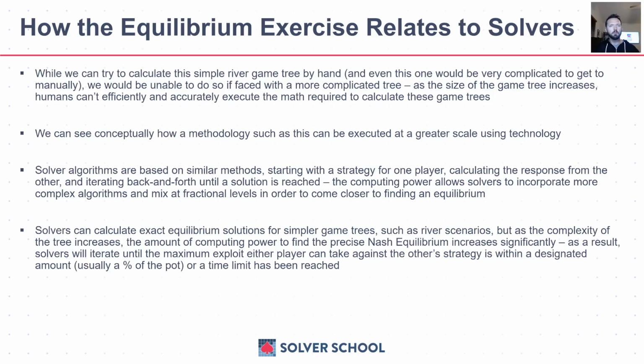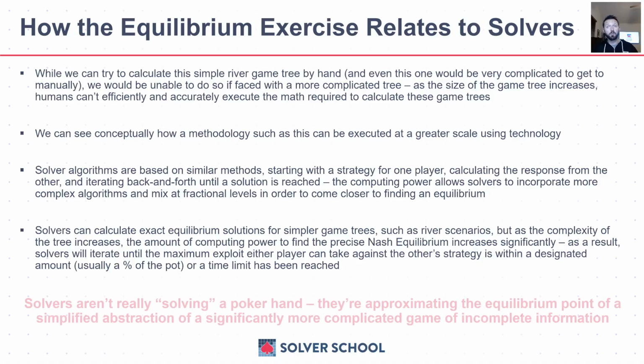As a result, as I mentioned before, solvers will just continue iterating until the maximum exploit either player can take against each other's strategy is usually within a designated amount. Usually we note a portion of the pot that we are comfortable with being exploited for in either direction, and we stop the solver solution at that point, or when a time limit is reached.